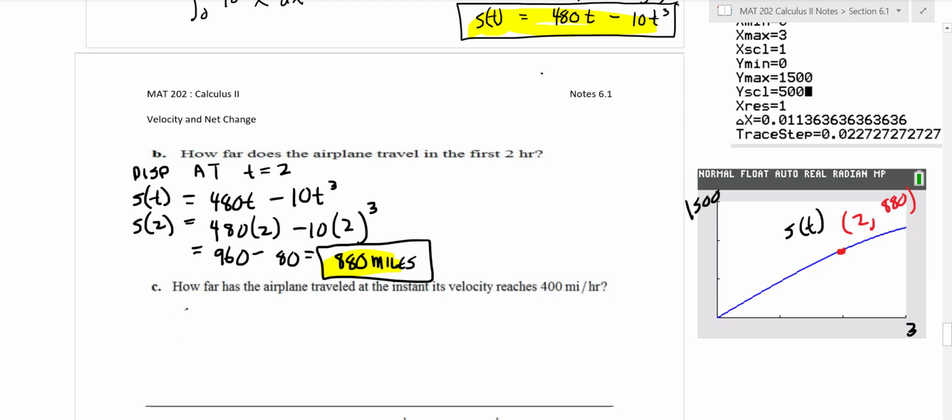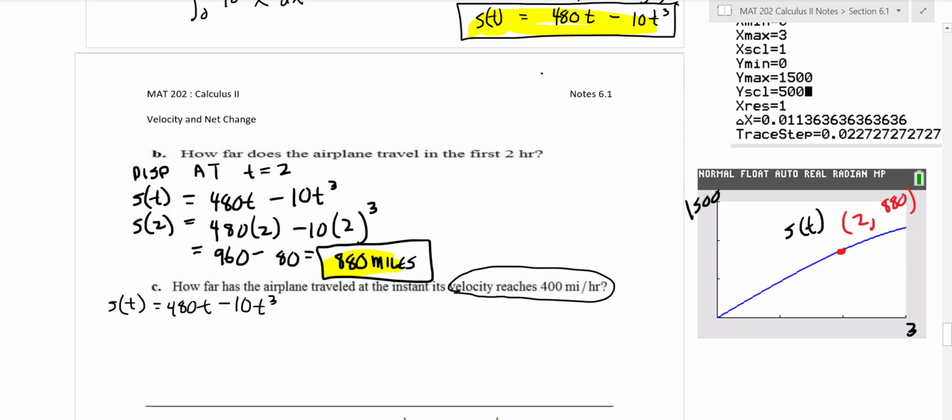All right, so first of all, I'm going to write down that function S of t is 480t minus 10t to the third. Now we're going to find how far the plane has traveled when the velocity reaches this.